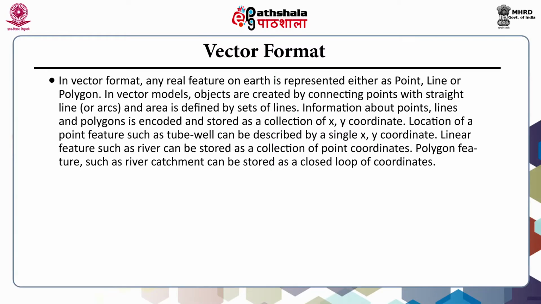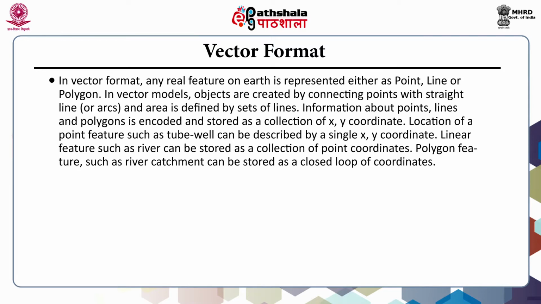In vector format, any real feature on Earth is represented either as point, line, or polygon. In vector models, objects are created by connecting points with straight lines or arcs, and area is defined by a set of lines. Information about points, lines, and polygons is encoded and stored as a collection of xy coordinates.